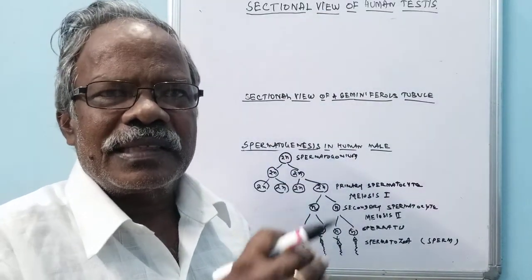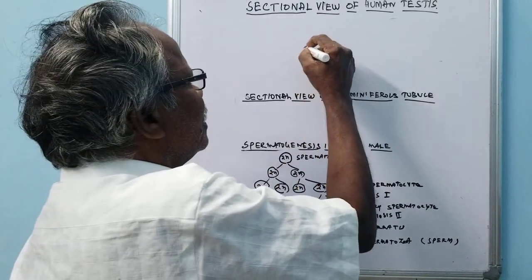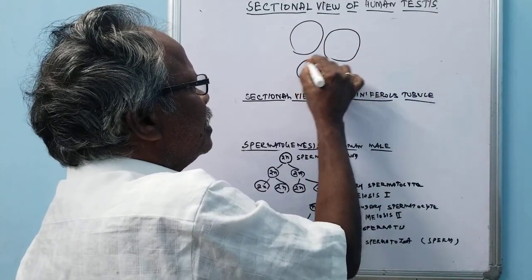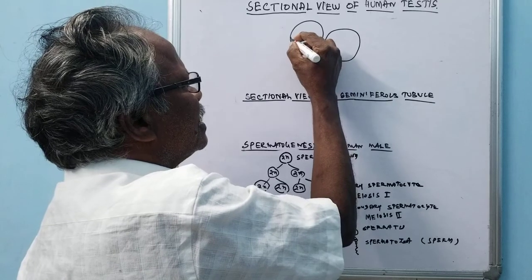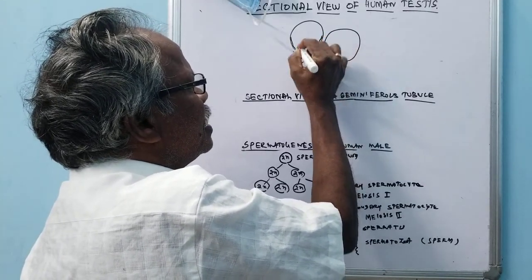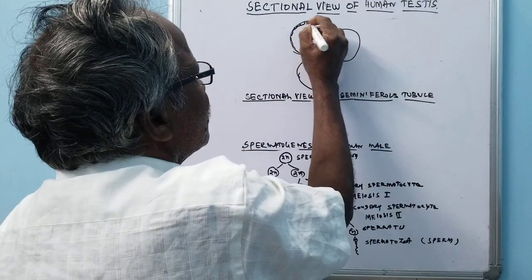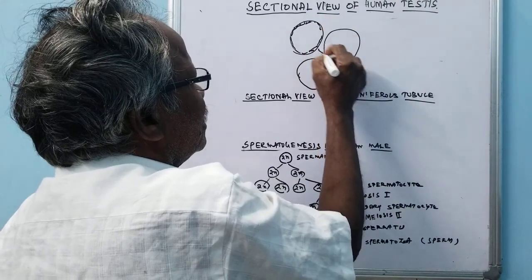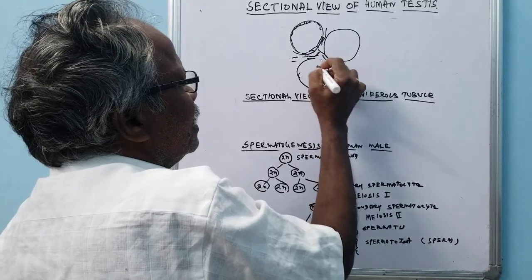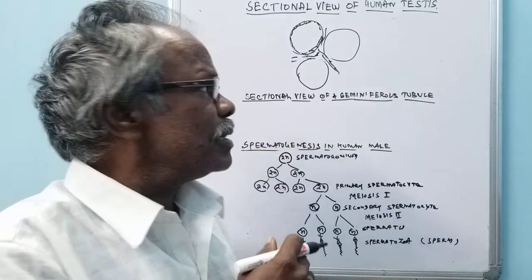In the sectional view, the outermost layer contains a lot of epithelial cells, and then these are called interstitial cells in between the seminiferous tubules.